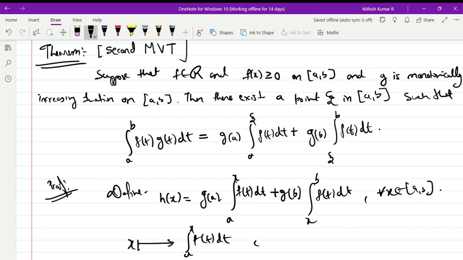Note that the function x going to the integral from a to x of f(t) dt is continuous.